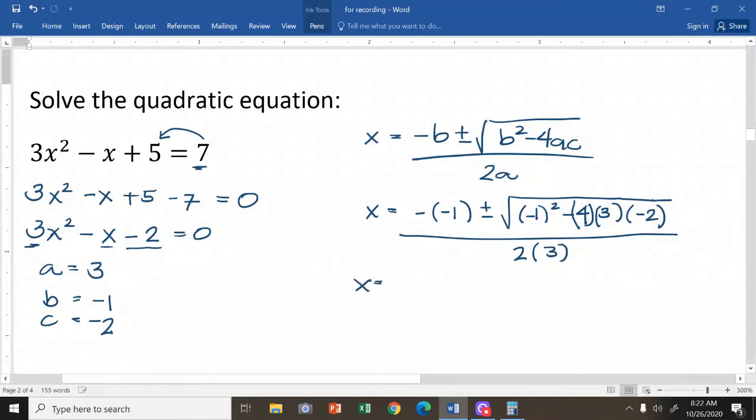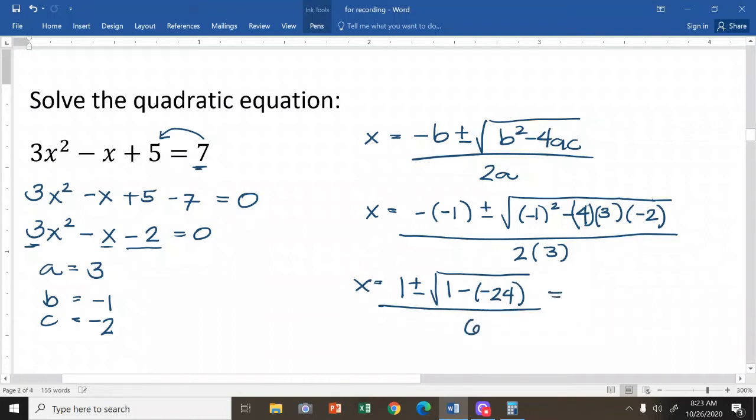Okay, so pag sinimplify natin, meron tayong positive 1, kasi negative times negative 1 is positive 1. So, plus minus square root of 1 minus, yung 4 times 3 times negative 2 gives us negative 24. And over 2 times 3 is 6.